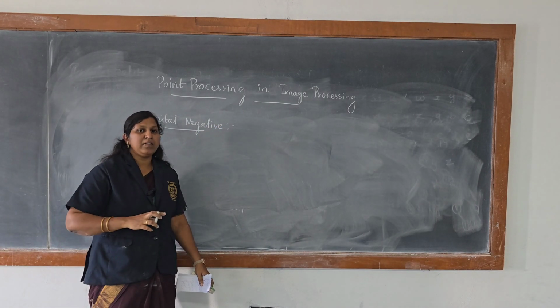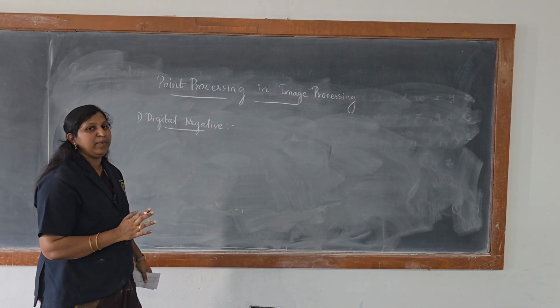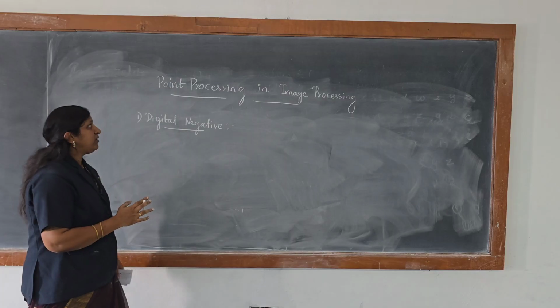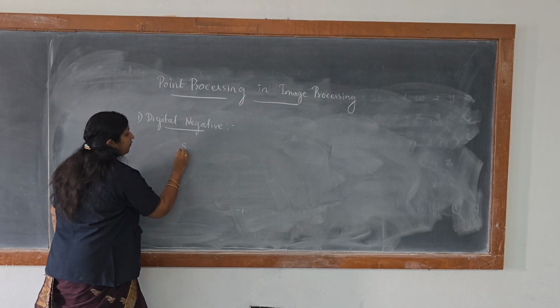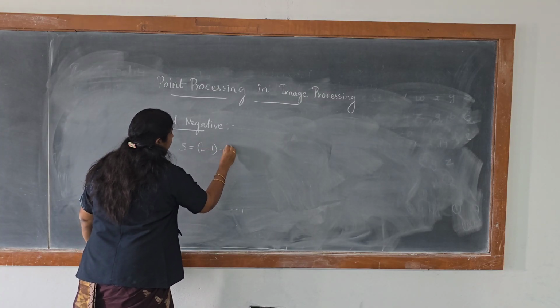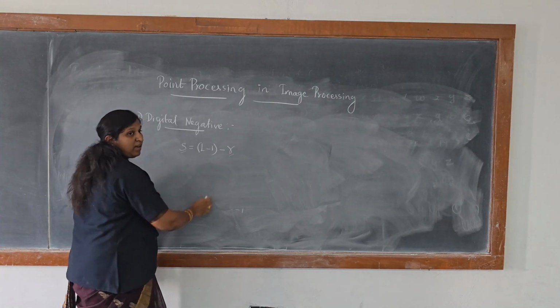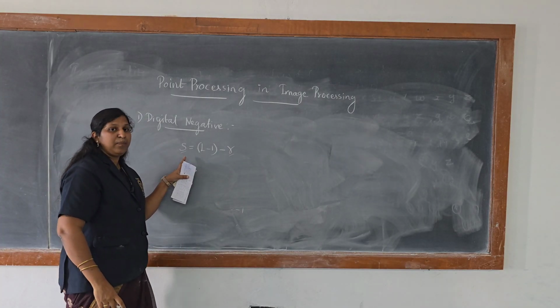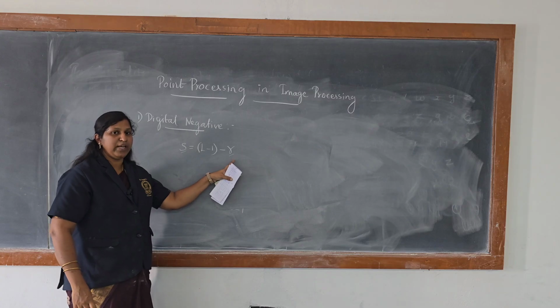If you have an input image and you want the negation form or negative form of the image, we can use this technique. This is a kind of point processing technique. Here the formula is S is equal to L minus 1 minus R. We know what S and R are: S is a pixel value of the output image and R is a pixel value of the input image.